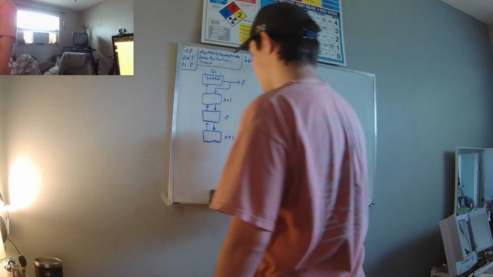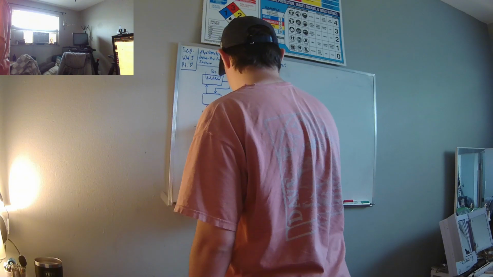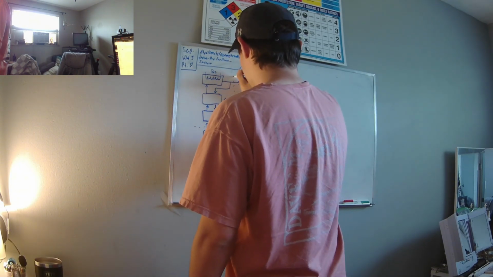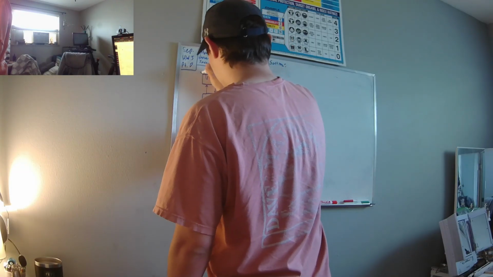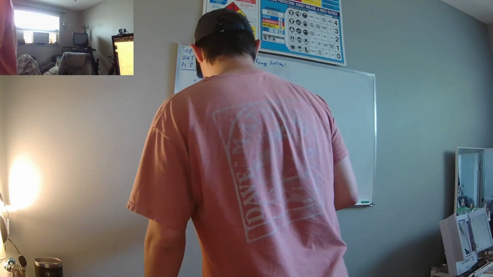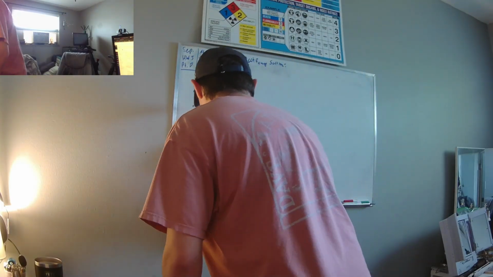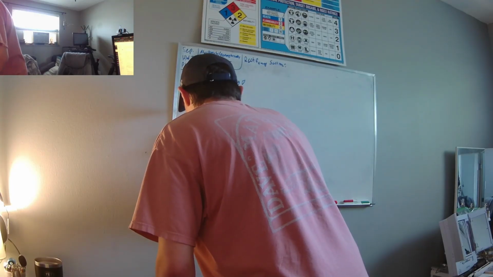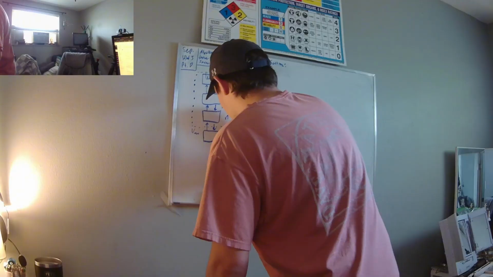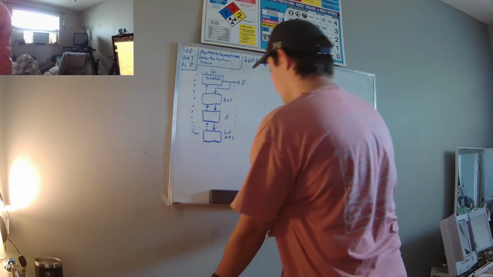And then, as we were saying, we're going to draw an envelope around this column for what we're going to consider here. And looking at this envelope, we know that we've got vapor coming up here from our stage n+1. So we've got Vn+1 coming up right here. And then we've got liquid coming down from our stage n, our Ln.